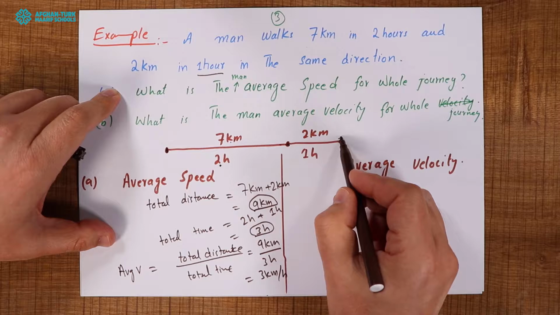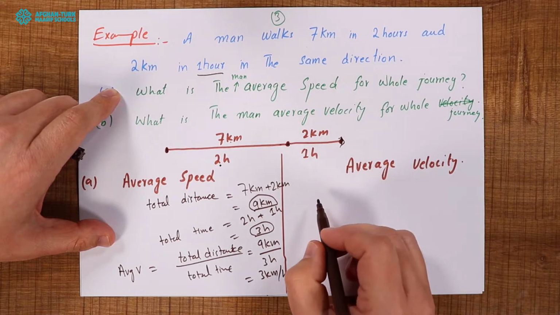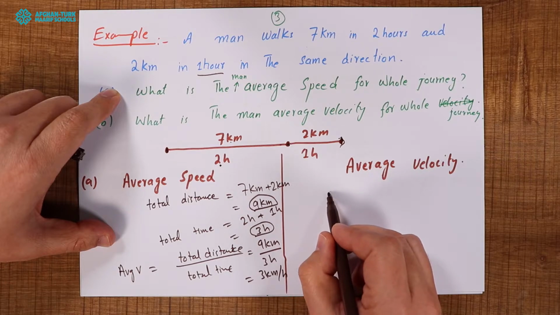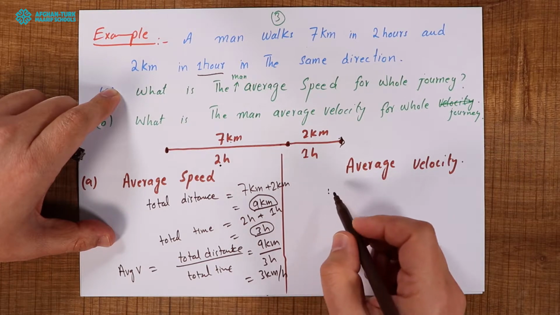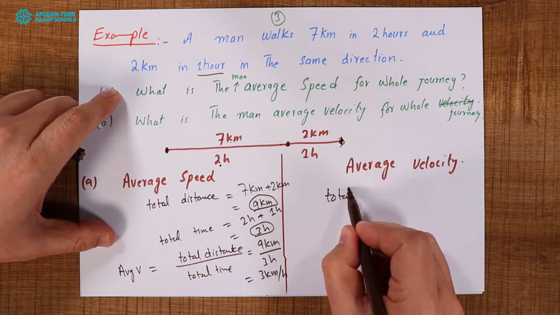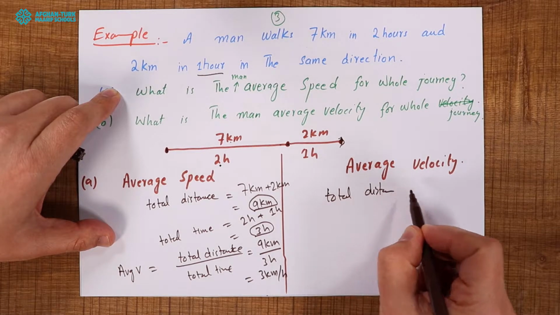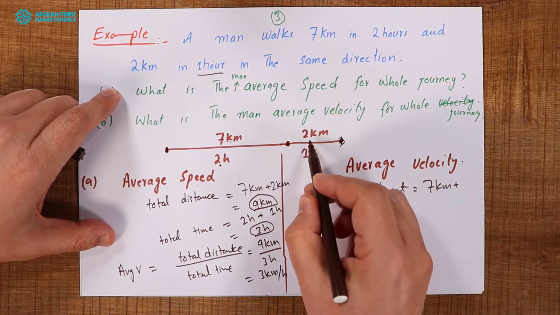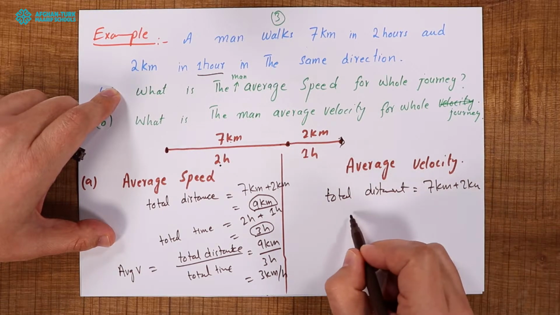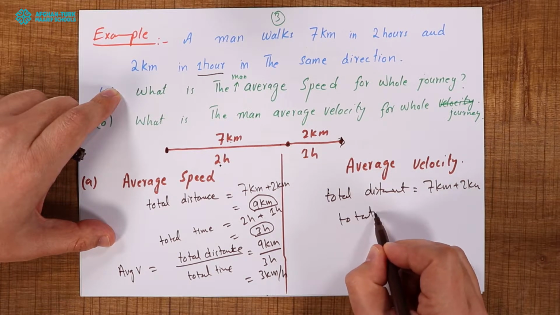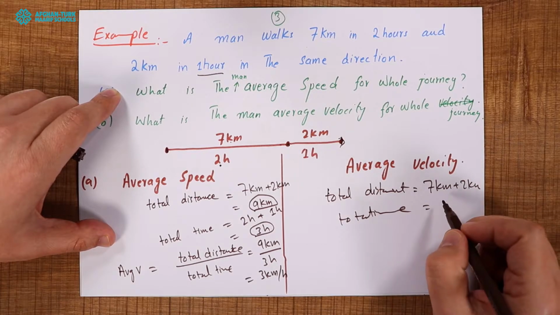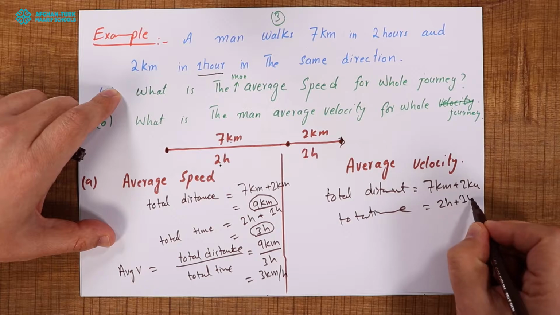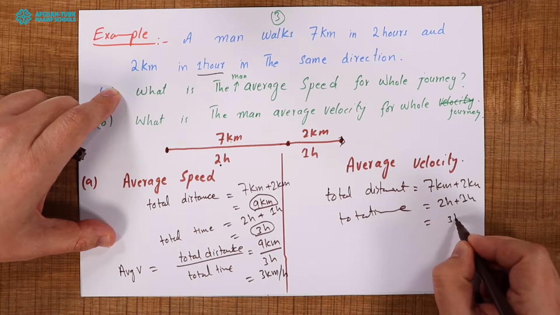For the velocity, we can also use the same procedure. Displacement. The first one is total displacement, 7 kilometers plus 2 kilometers, and total time is also 2 hours plus 1 hour. So the total time is 3 hours.